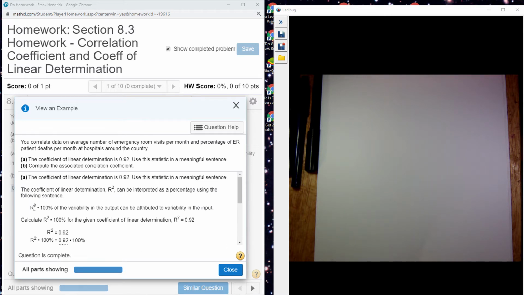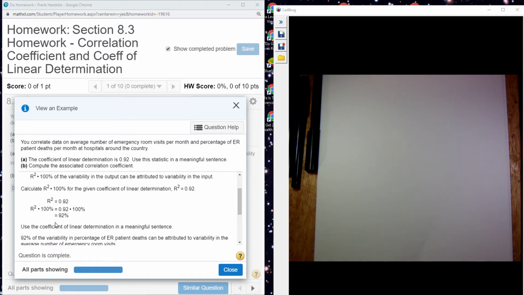So what this could mean is that 92% of the variability in the output can be attributed to the average number of emergency room visits. So it's read that way: 92% of the output can be attributed to the variability in the input. How much of it? In this case, 92% of the output is affected by variability in the input.